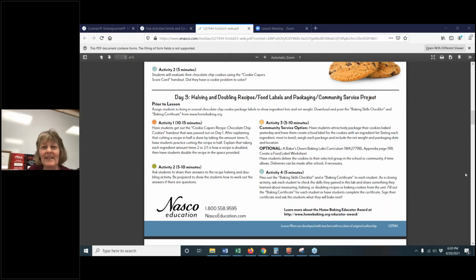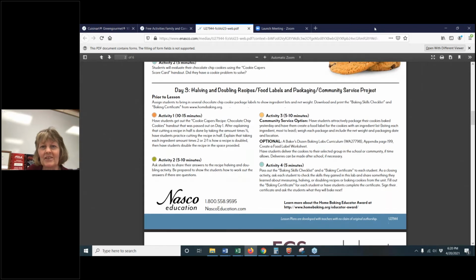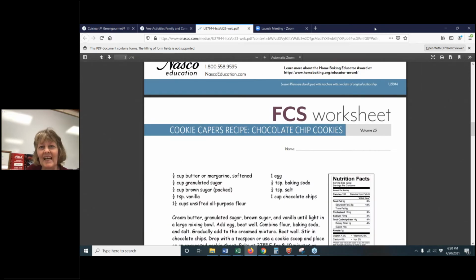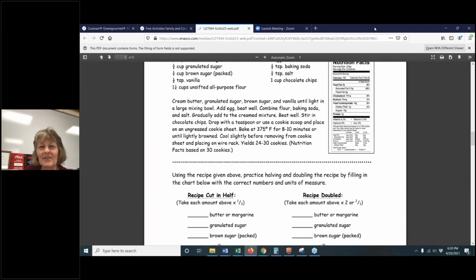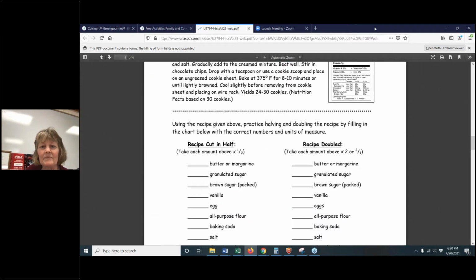But I always tell them that's a great way to really practically use math in a way that has good results. So we do that, and they share their answers. And in the lesson plan, there's also the key for the halved and doubled recipe. So if you wanted to, you could have them evaluate and check theirs over, or you could discuss it, certainly.